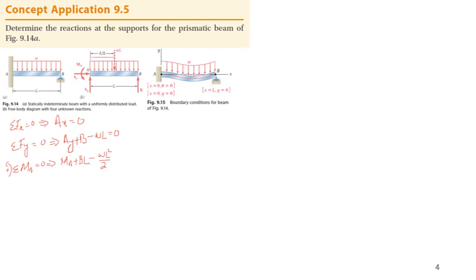L by 2 is the distance, WL is the force, and this will be equal to 0.